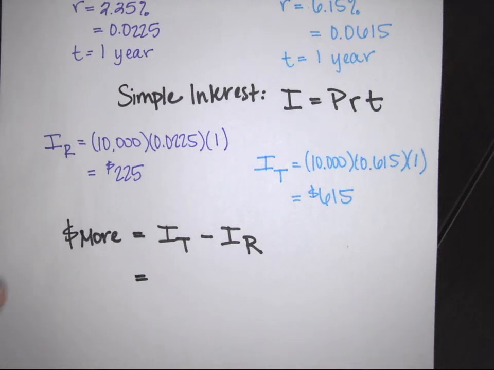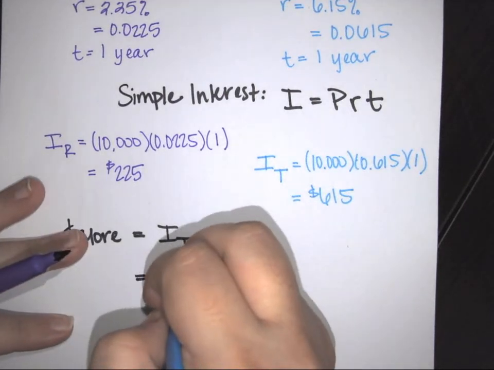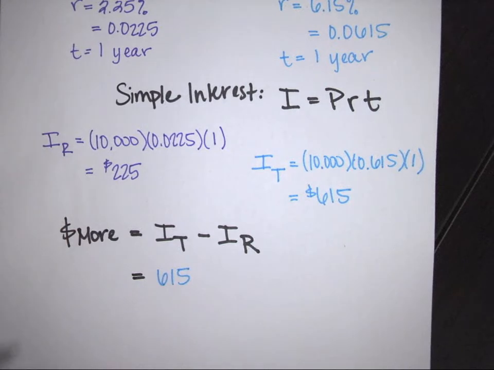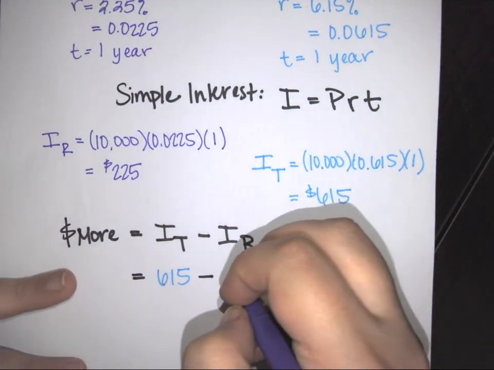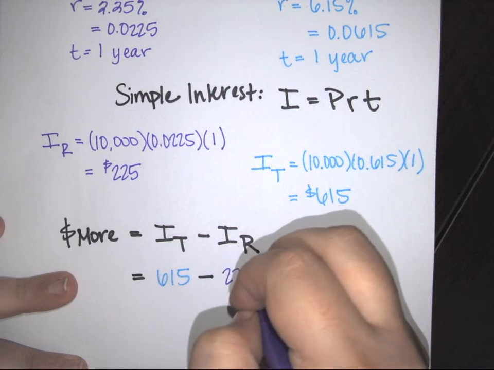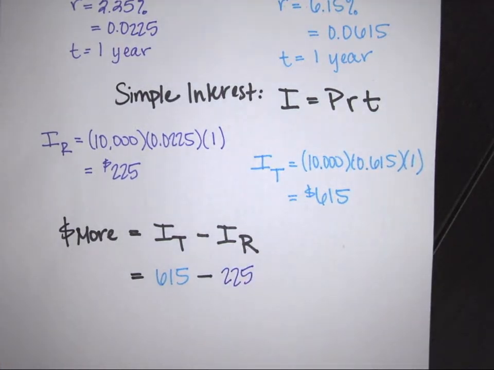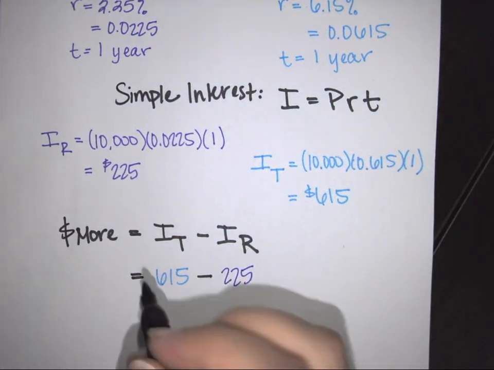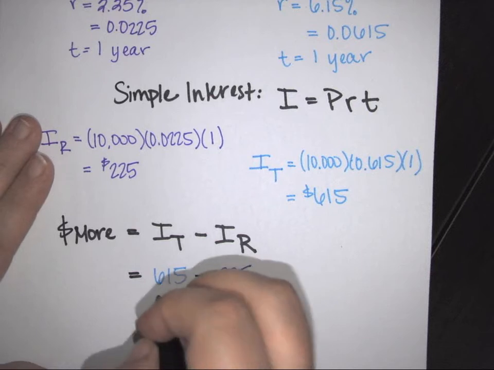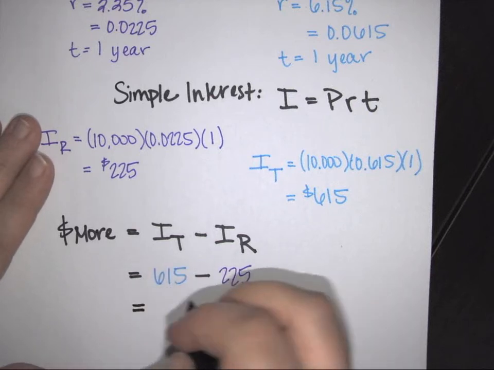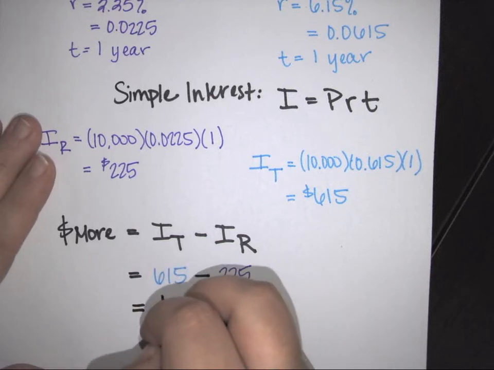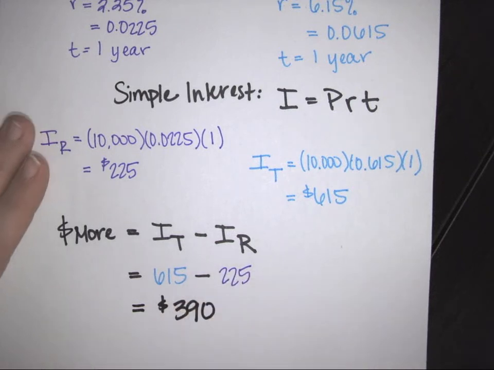My interest for Tom was $615. I'm going to subtract away the interest for Rick, which was $225, and that is going to give me an overall result. So in this case, what you're going to find out is that you have 390.